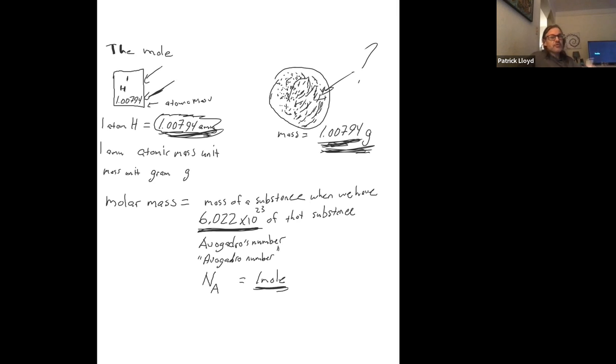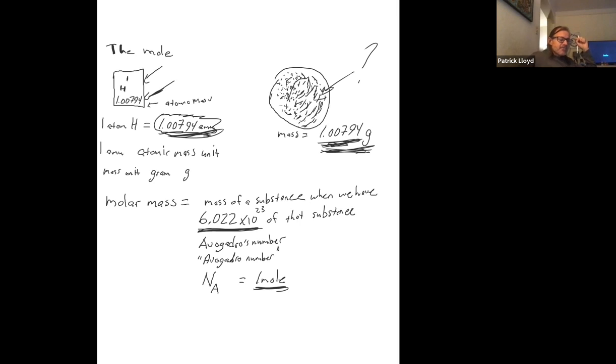So here, after all this discussion, here's what the mole is. The mole is essentially a conversion factor from AMU to grams. If you take 1.00794 AMU and you multiply it by the Avogadro number, you get the number of grams.